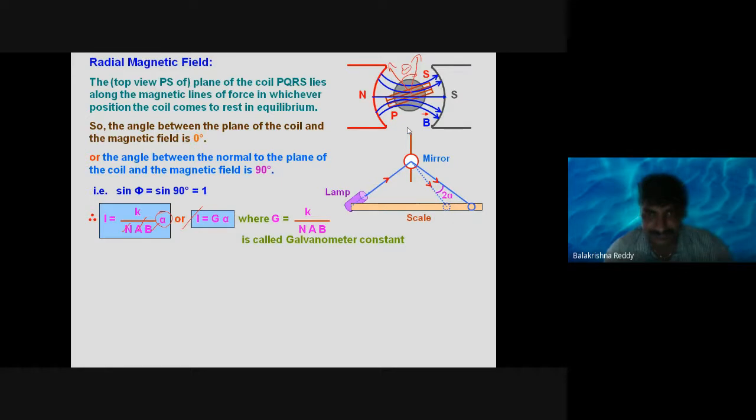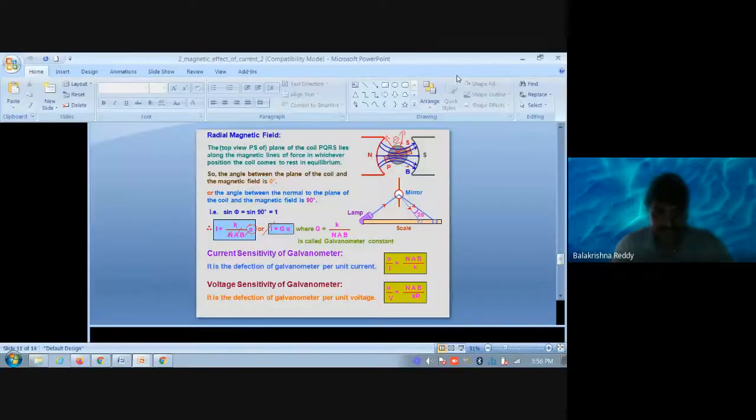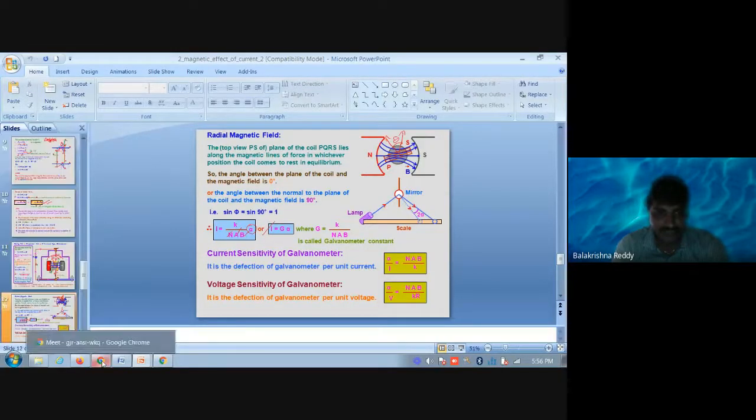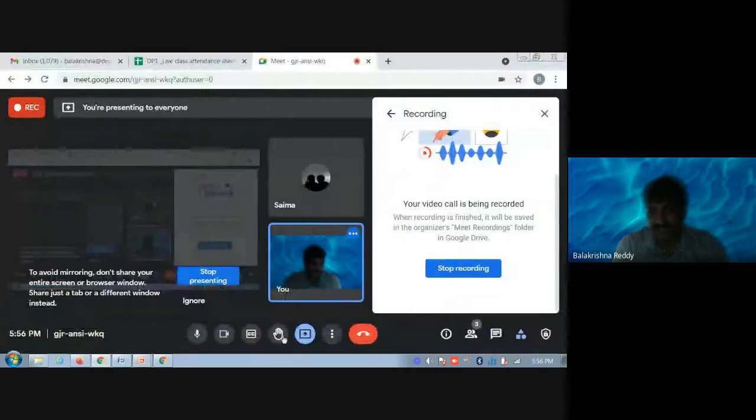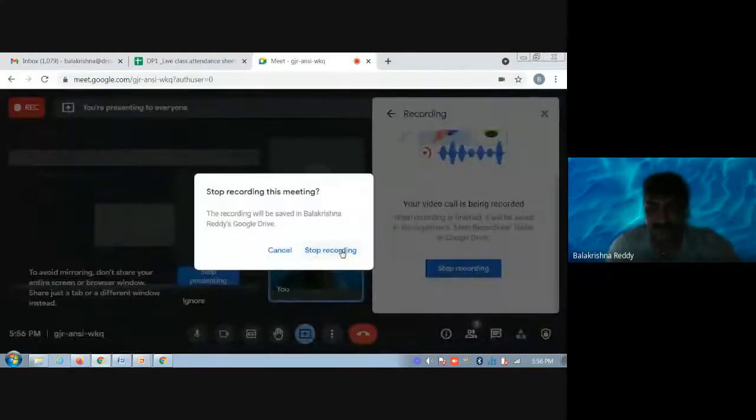At the equilibrium position we equated, we found the current, how much it is flowing, that much deflection comes in the galvanometer. Now in the coming class, one topic left is conversion of galvanometer into ammeter and voltmeter. That is so important, how we are converting, because in numericals that type of questions can be asked.